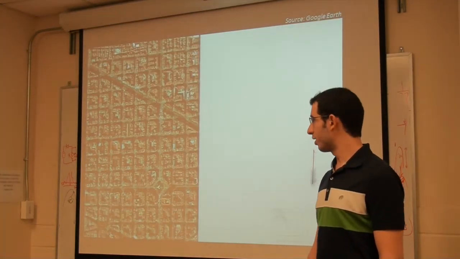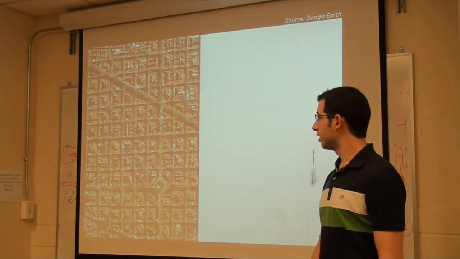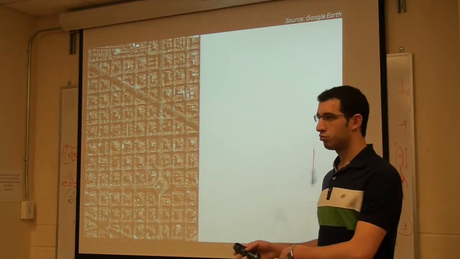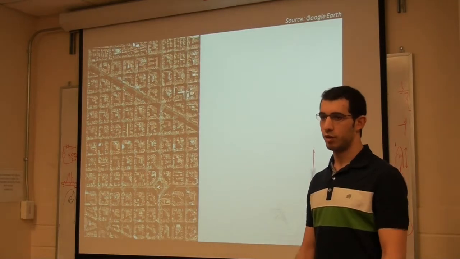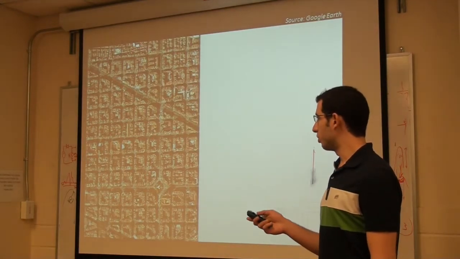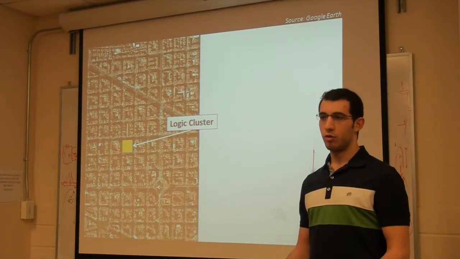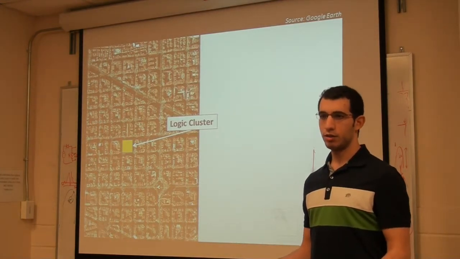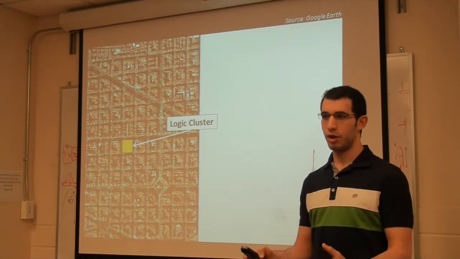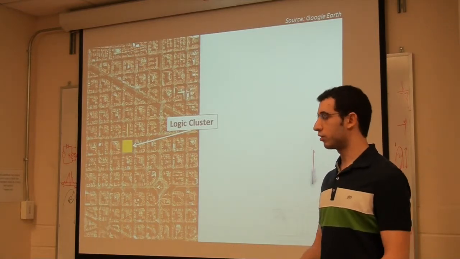Okay, so I like to use the analogy of a city. So here we have an old city, small buildings and narrow streets between the buildings. Now, each building block almost looks like a logic cluster, right? So because we generate only very little traffic in that city, we can process all that traffic using the narrow streets and roads between the buildings.